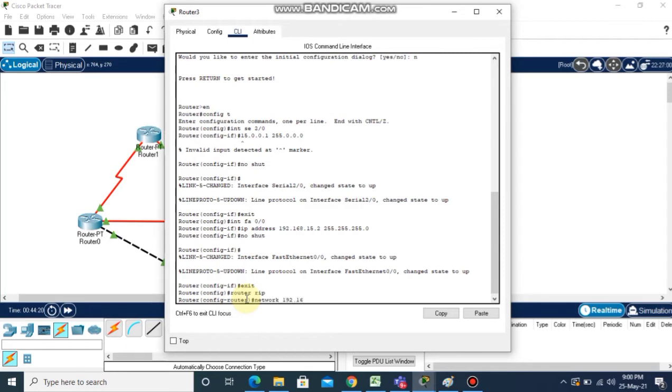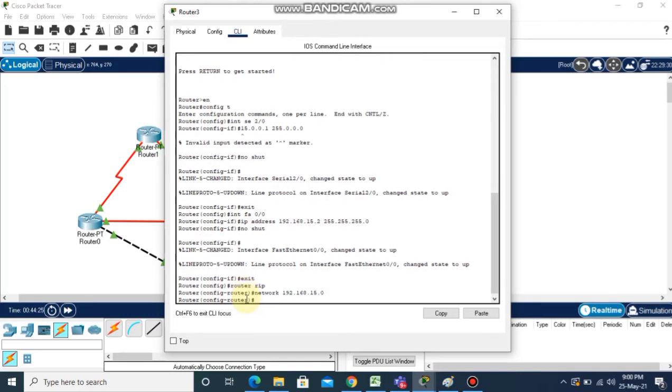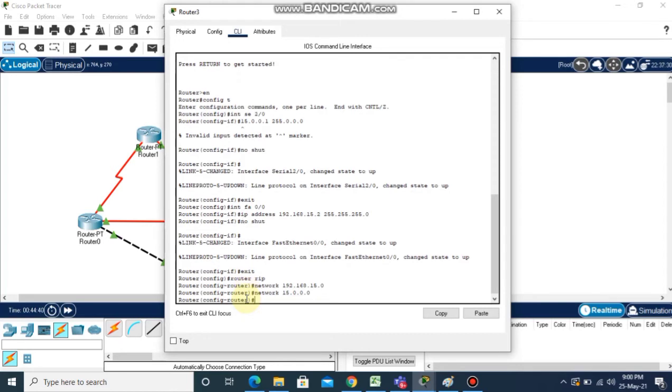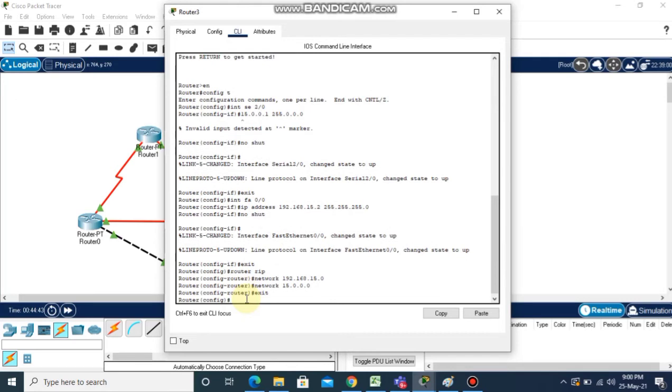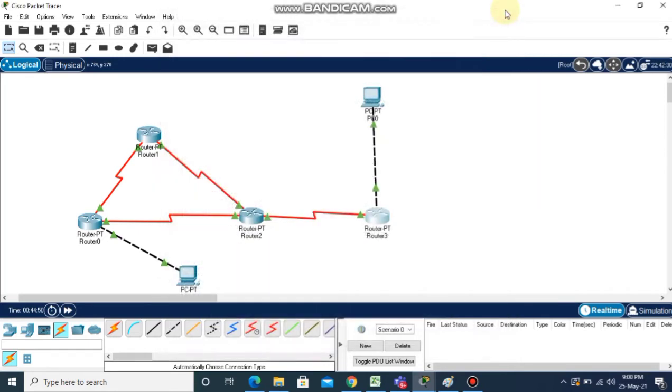It's very simple. We also have to mention the gateway.